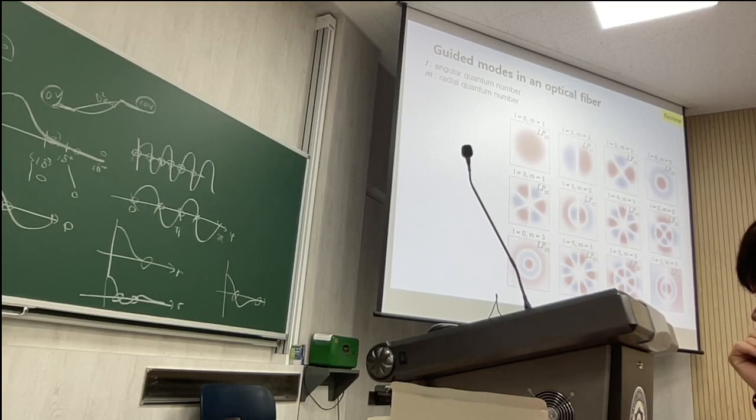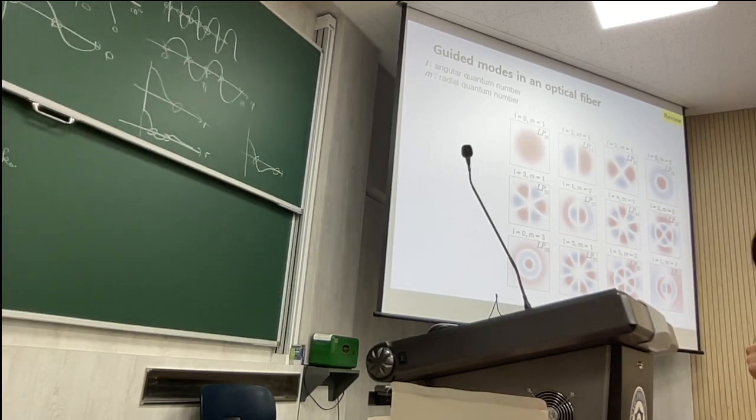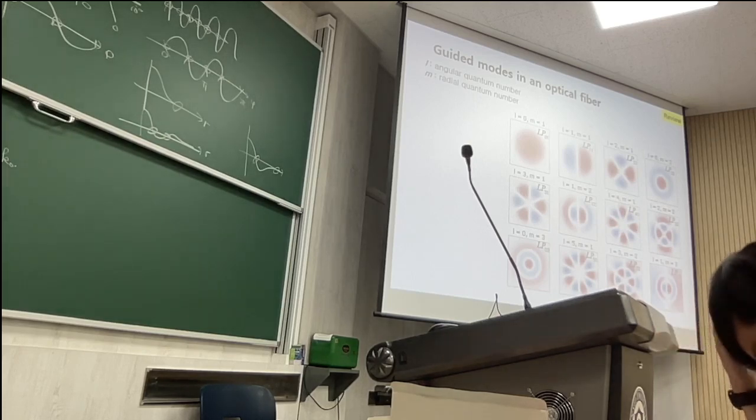As it is given here, this one defines for a given mode, one of them, LP01 mode profile is given, then N effective is one of them, right? So the N effective is given with the profile of the mode, right?